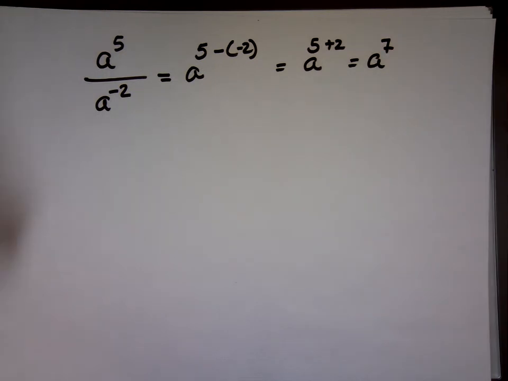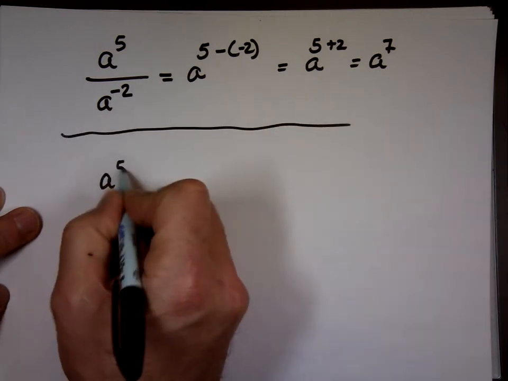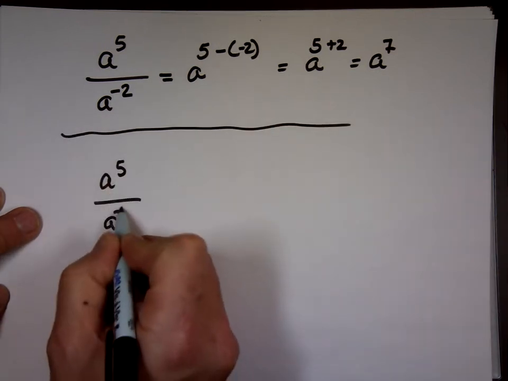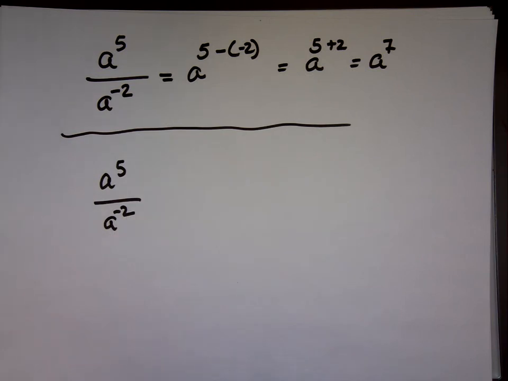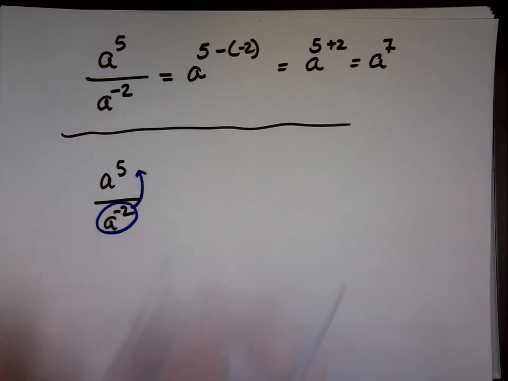If you are not a fan of negative exponents, the same problem. Cross the line, change the sign. I go, you know what? I don't like negative exponents. I don't like to subtract a negative number. So there's a negative exponent. Let me bring it to the top. When you bring it to the top, you're crossing the line, it becomes what?